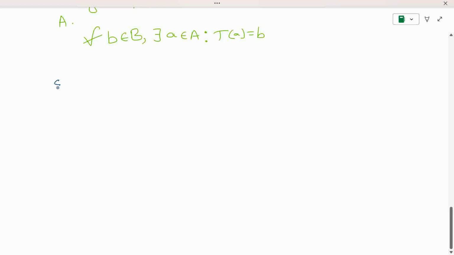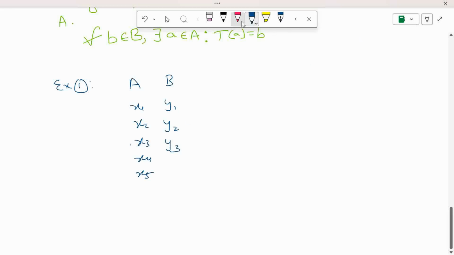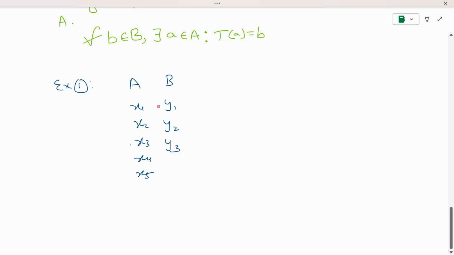Let's take here example one. We have two sets A, B. x1, x2, x3 are the elements of set A, and y1, y2, and y3 are the elements of set B, and we have a mapping like this.